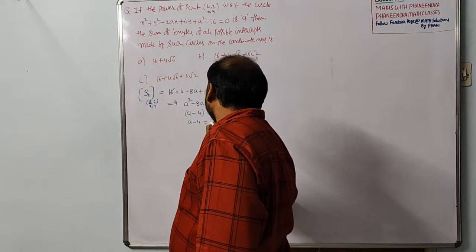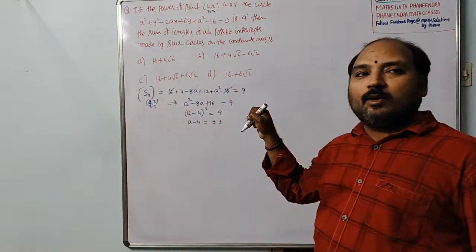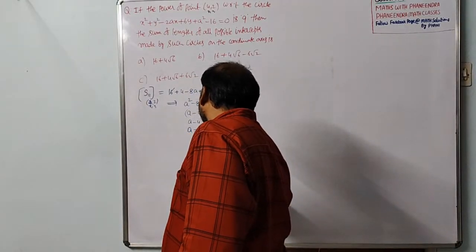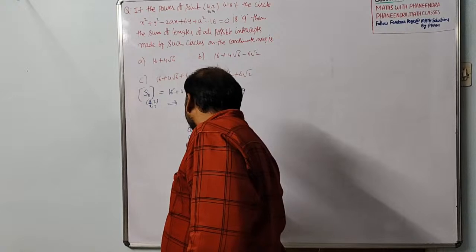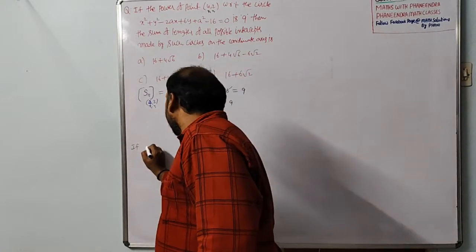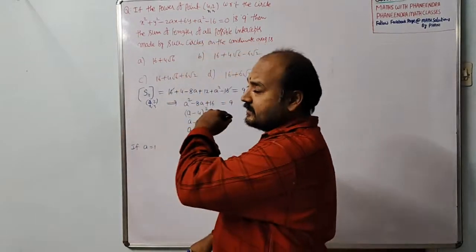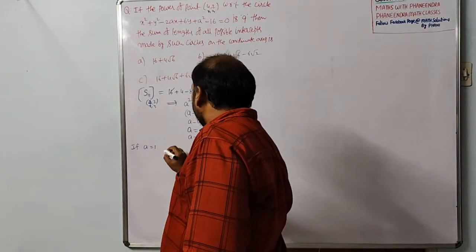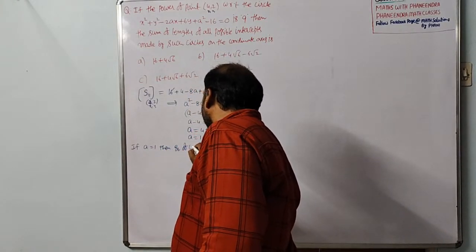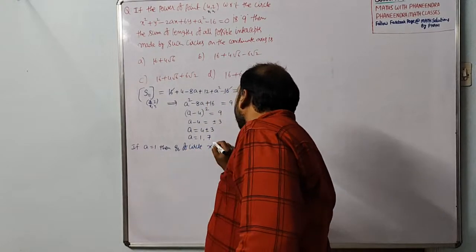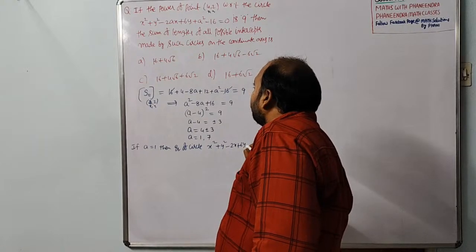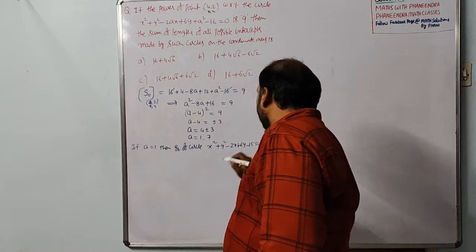A minus 4 equal to plus or minus 3. Root 9, it will become plus or minus 3. So possibilities are there. A is equal to 4 plus or minus 3. So a value 1 will come, a value 7 will come. If a is equal to 1, what happens? The equation of the circle will become x square plus y square minus 2x plus 6y minus 15 equal to 0.